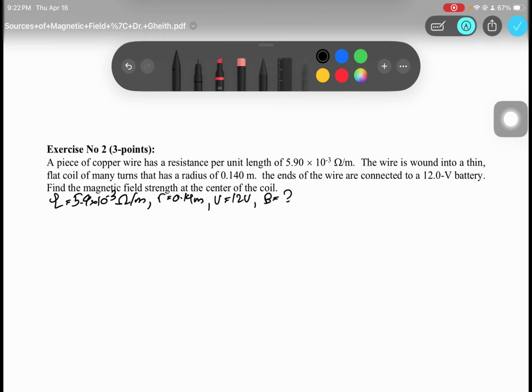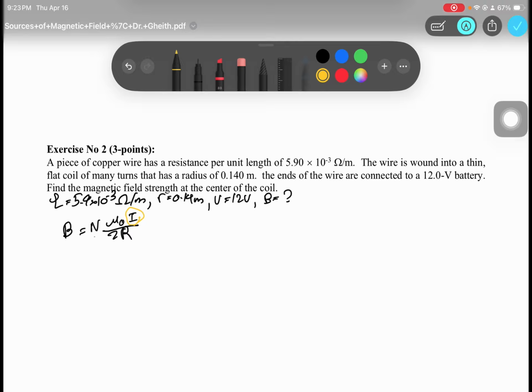B is equal to mu naught I n by 2r. So we know r, we don't know I, we know mu naught.